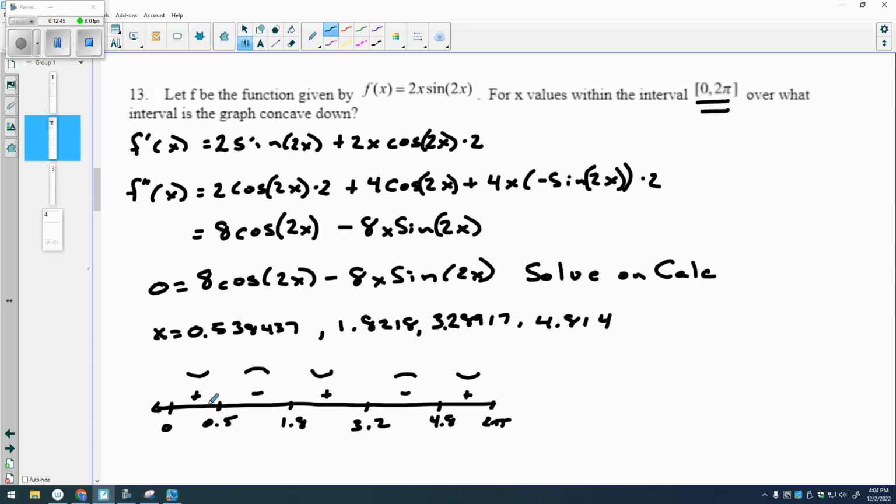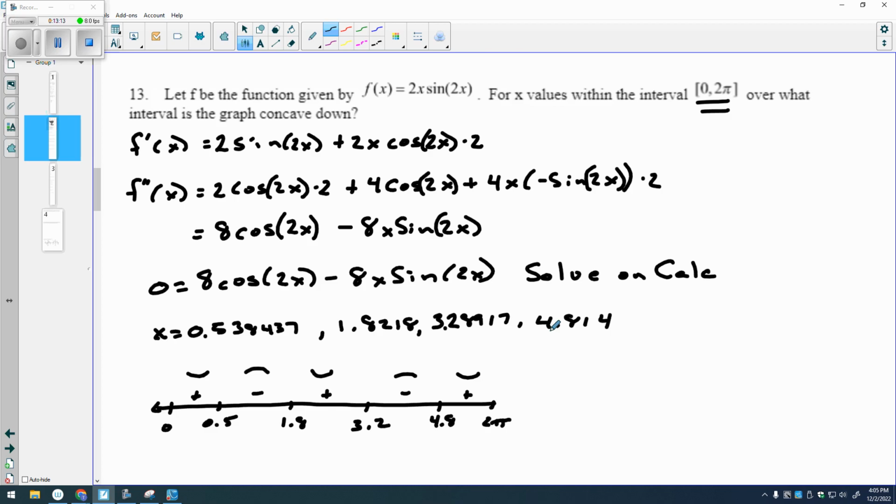Okay, I did first derivative test. No, I didn't either. I did second derivative, not test, but just second derivative. And I put all these on a number line simply because I need to look at the intervals between to make sure I find all of the times where it's negative. These are all the places where my second derivative is 0. So your values will change signs at that 0.